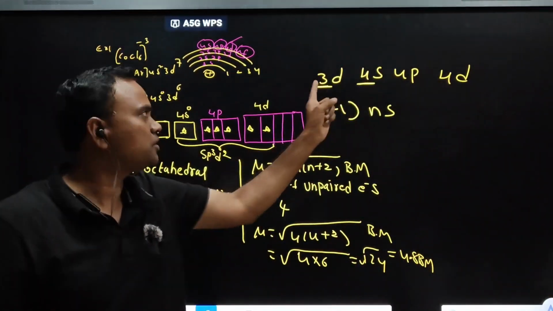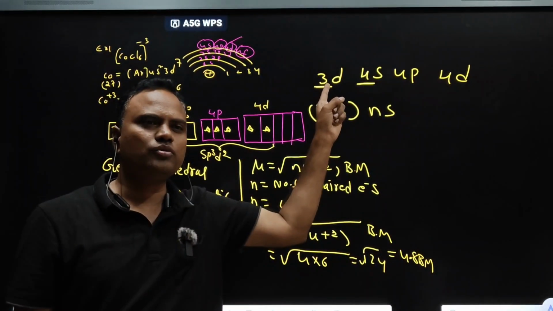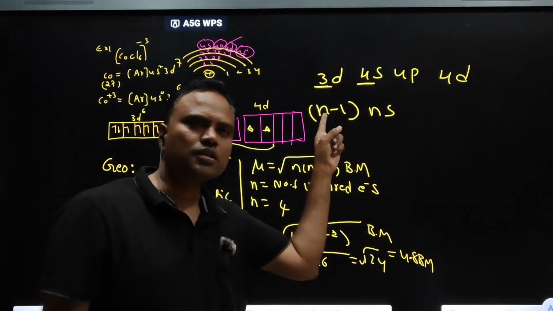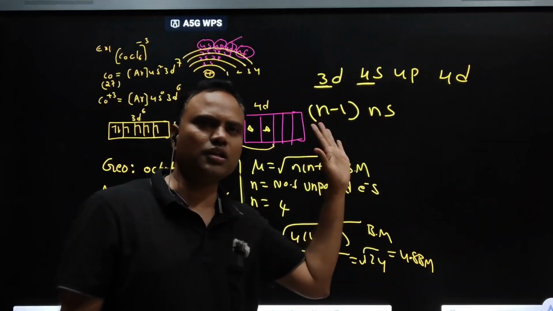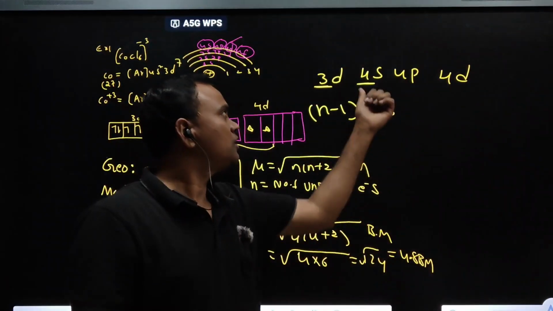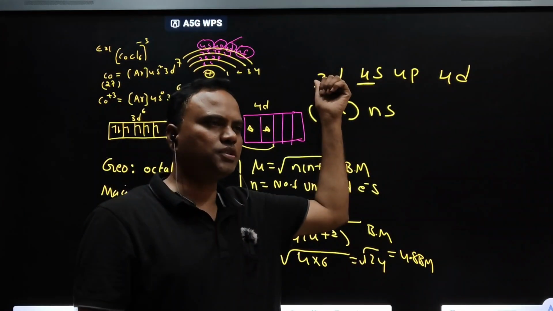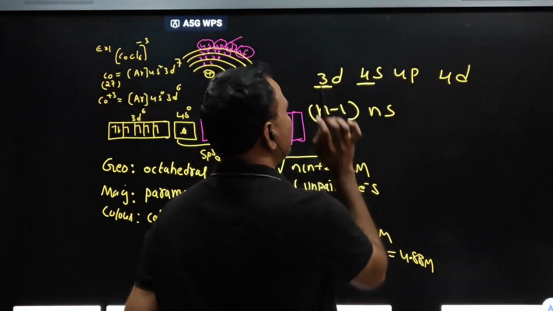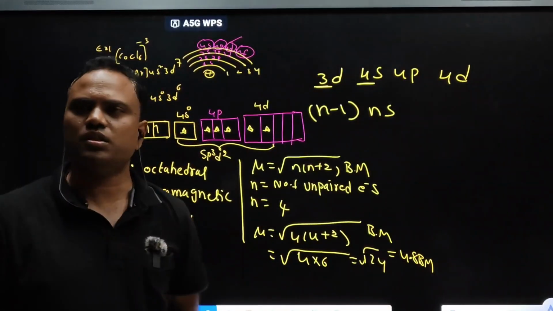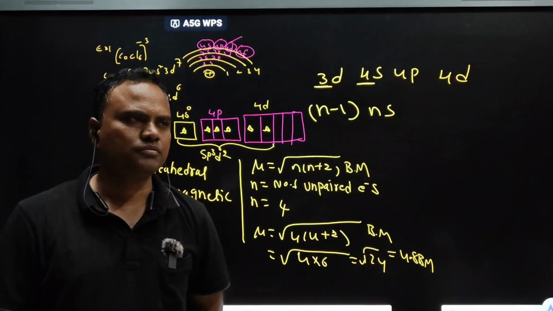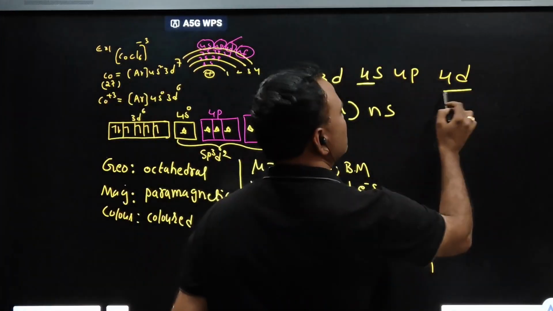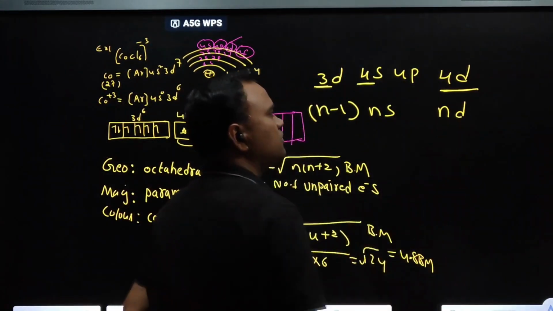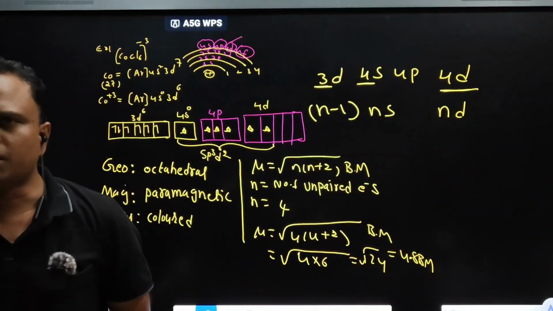This is 4, its value 4 minus 1. 3 means 4 minus 1 only. n minus 1. Any confusion? 3d orbital means n minus 1. What about this one? Tell me. nd. Any confusion in this?